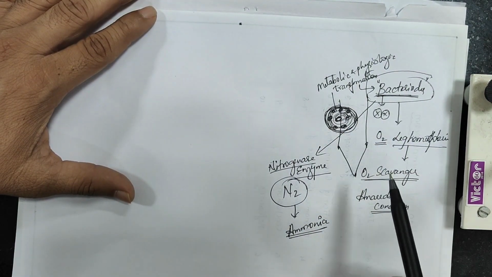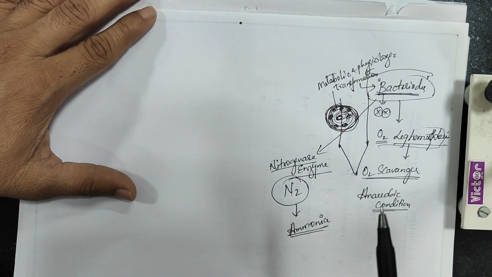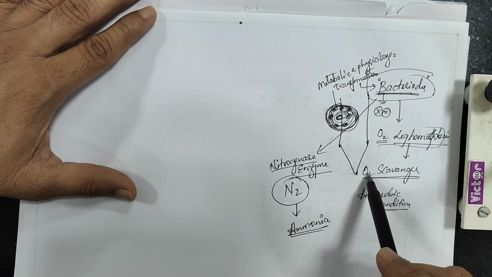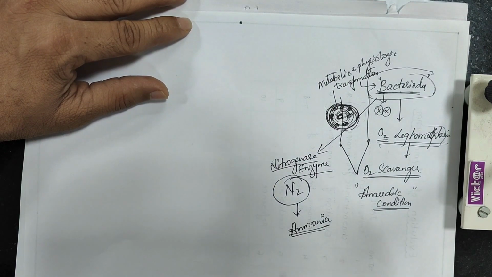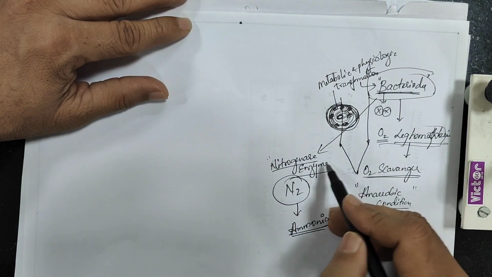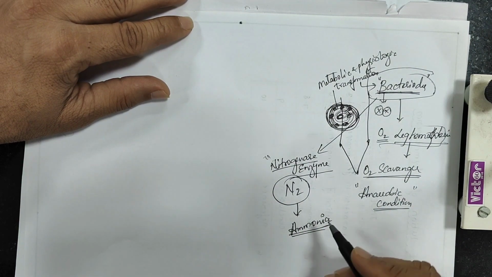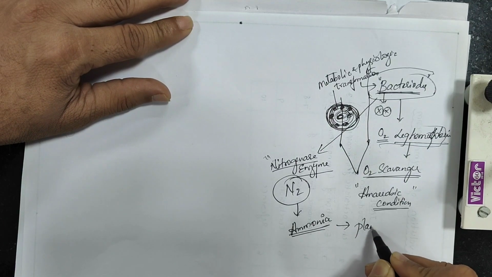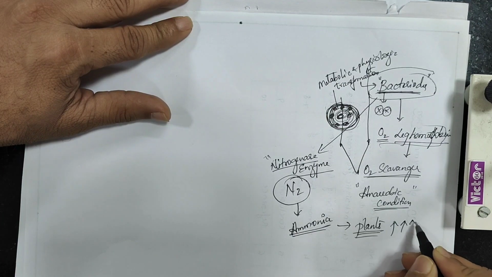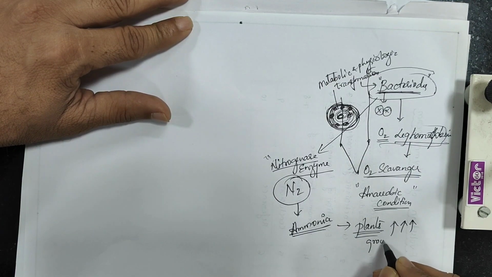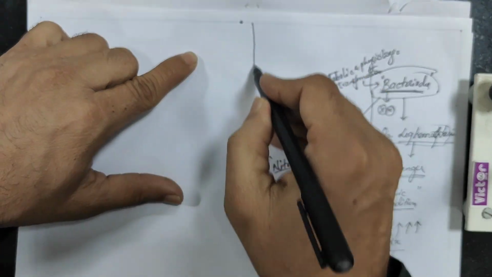This bacteroids secretes leghemoglobin, which acts as an oxygen scavenger to maintain anaerobic condition. They also secrete nitrogenase enzyme, which converts nitrogen into ammonia, which is utilized by plants, which increases the growth. So this is how it forms root nodules.